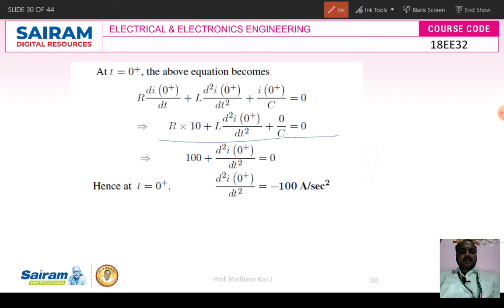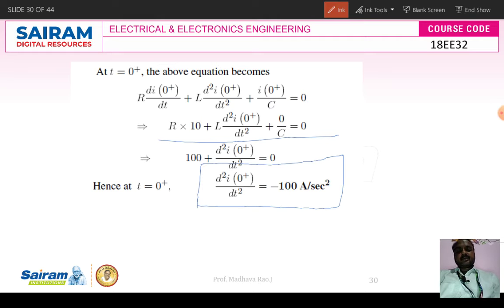So 100 plus d square i of 0 plus by dt square equals 0. Finally, d square i of 0 plus by dt square equals minus 100 amperes per second square.